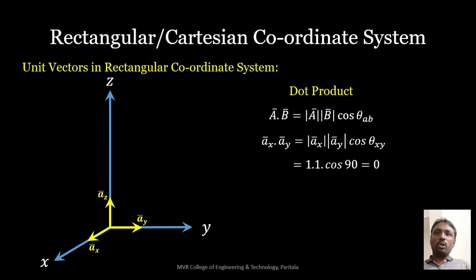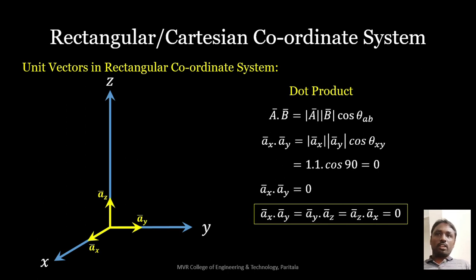So if you make the dot product between two different unit vectors in the same coordinate system, the resultant answer is 0. So ax dot ay is equal to ay dot az is equal to az dot ax. Any two different vectors are at 90 degrees, cos 90 is 0, so the answer is 0.